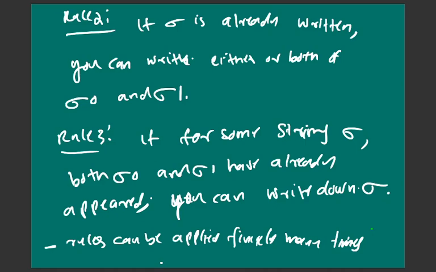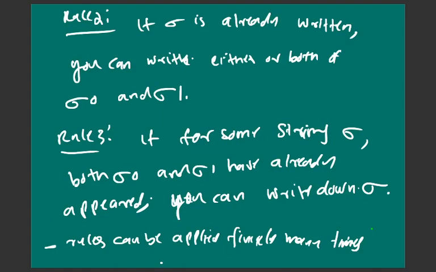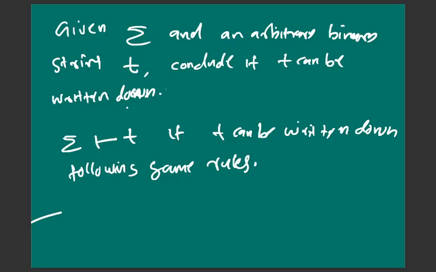You can only apply each rule a finite number of times to obtain some string. So these are the 3 rules in the game. Now the question is, suppose I give you some set sigma of strings and an arbitrary binary string, let's say t. The question is to check whether t can be written down in a finite number of steps or not.